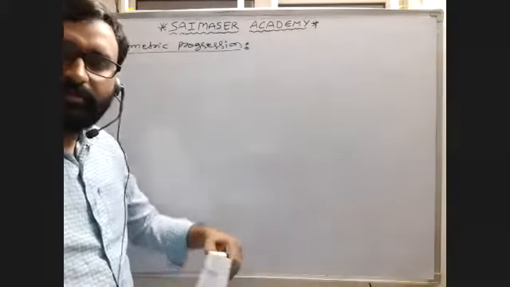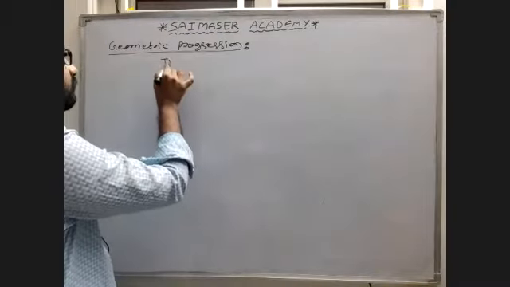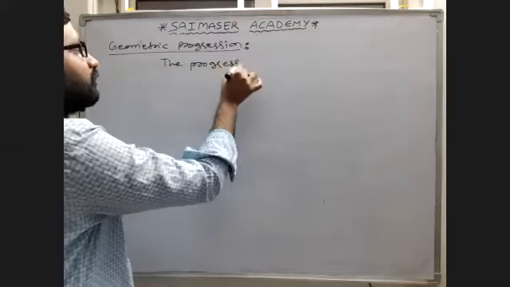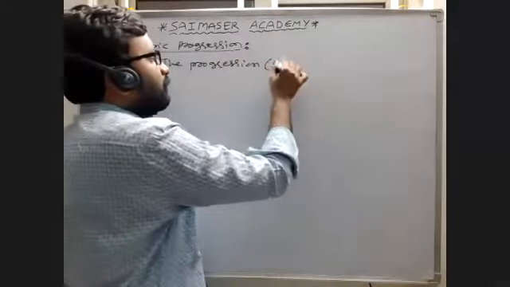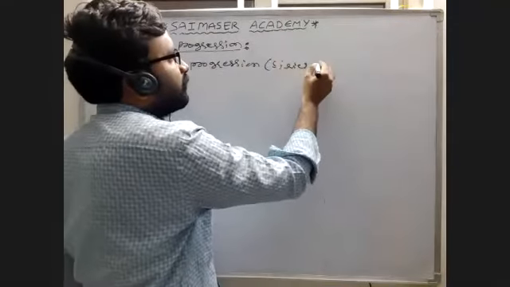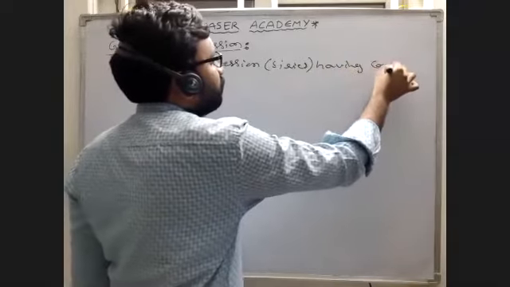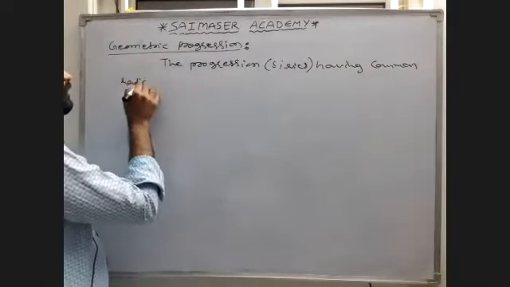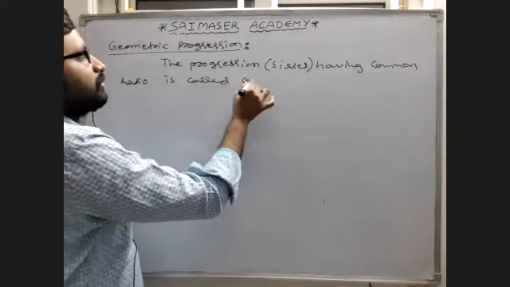Geometric progression: the progression or series having a common ratio is called GP.